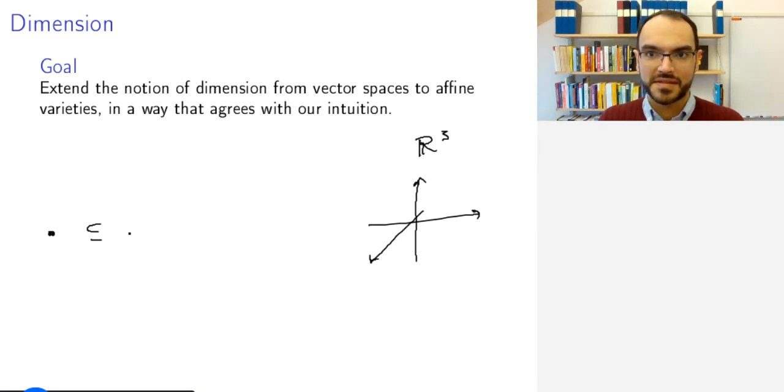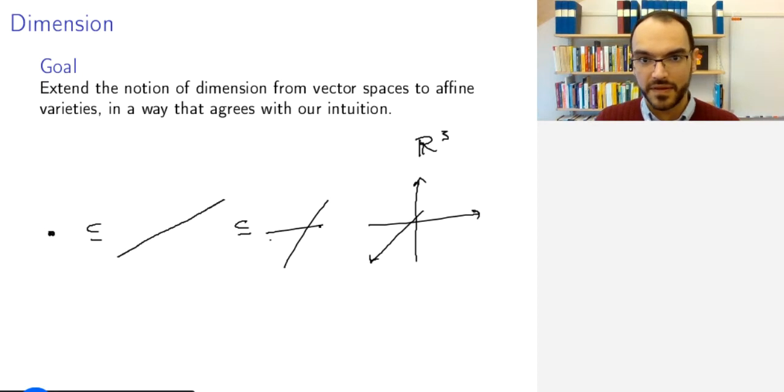the subspaces of the next dimension, namely lines. So the smallest subspace that properly contains the origin is a line. And the smallest subspace that properly contains the line is a plane. And the smallest subspace that properly contains such a plane is all of R3.